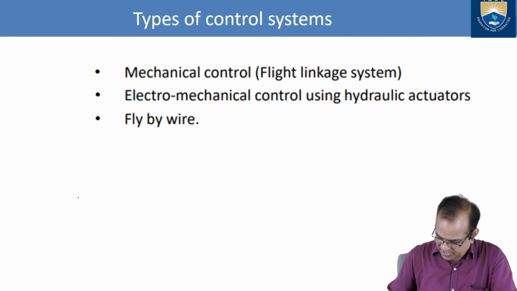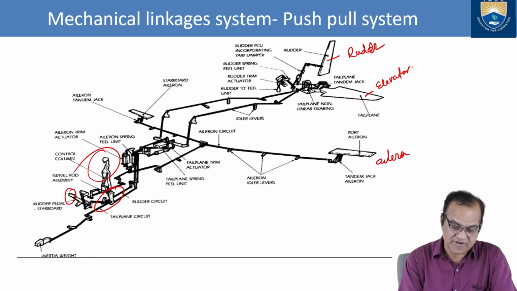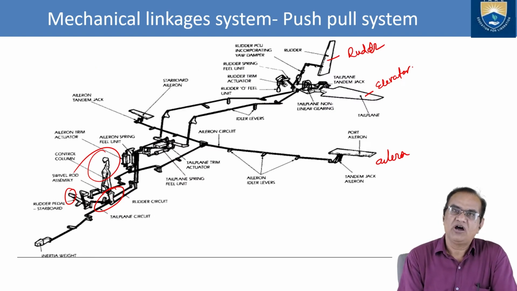In this pedal, if you want to yaw, these pedals are pressed, and if you want nose up or nose down, this has to go forward, and if you want to roll, it has to go in this sidewise direction.